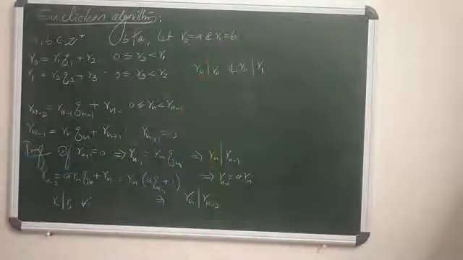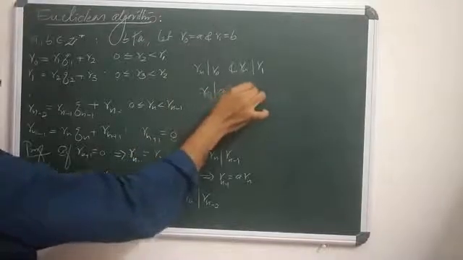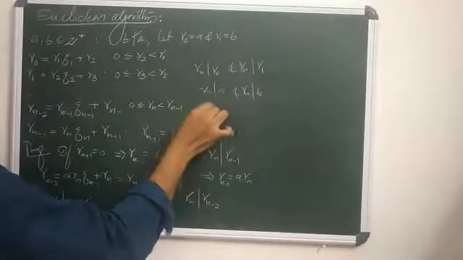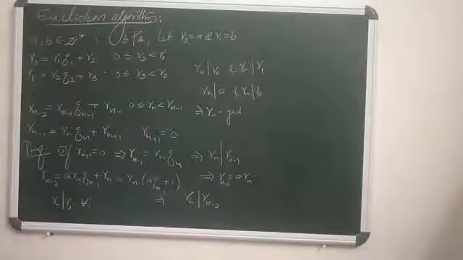Why? Because Rn divides Ri for every i. That means Rn divides A and Rn divides B. So Rn is a common divisor of A and B.